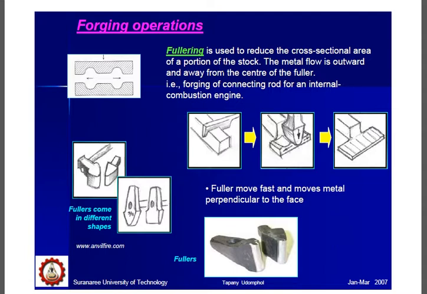Example, this fullering is for the rod of the internal combustion engine. Okay, the fuller moves fast and moves metal perpendicular to the face. The fuller comes in different shapes.